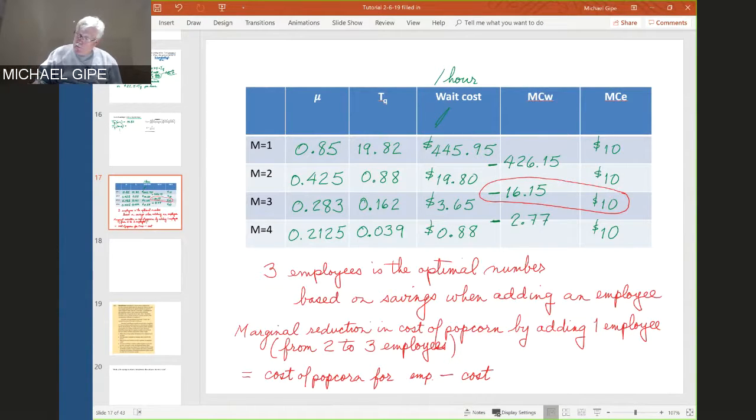So the cost of popcorn for 3 employees minus the cost of popcorn for 2 employees.